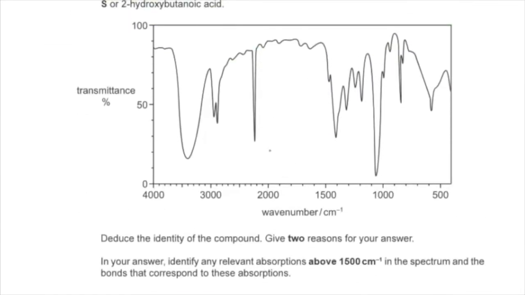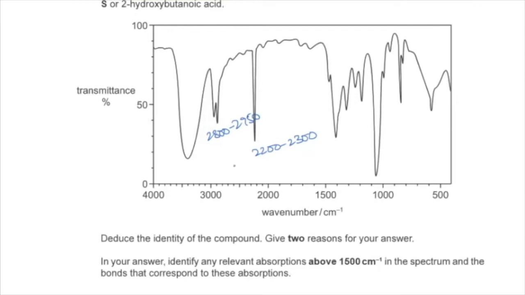Okay, so there is a weak peak at around 2200 to 2300 per centimeter. There is a peak at around 2800 to 2950 per centimeter, and there is a strong peak over here which is beyond 3000 per centimeter.